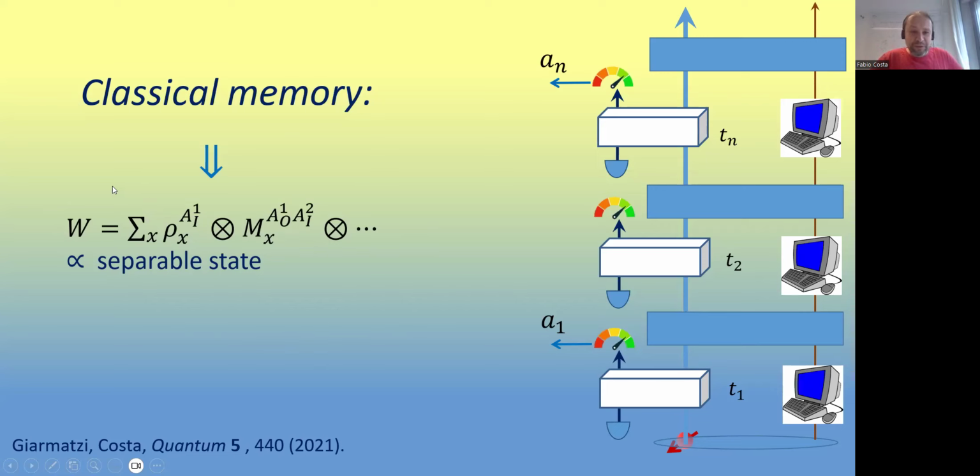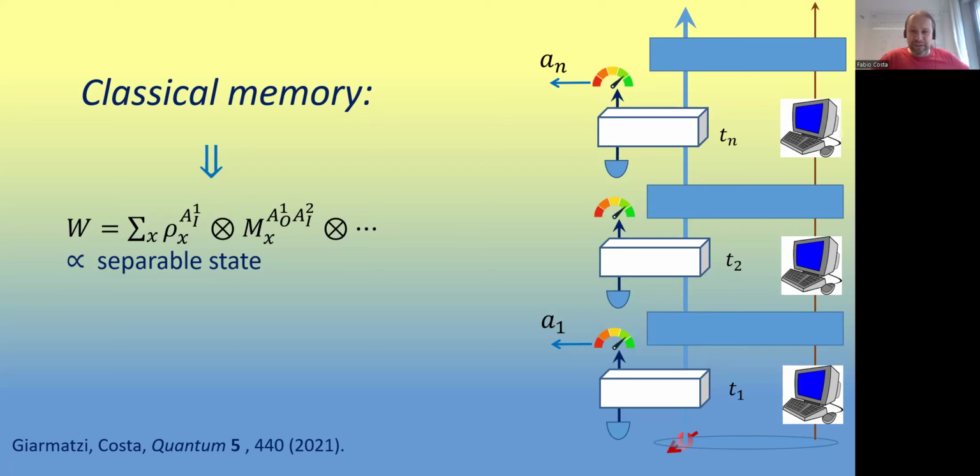Now, this is not an if and only if, in the sense that if your process has this form, it doesn't necessarily mean it has classical memory. And the additional detail is that when you have these M operators, in this form, they're not guaranteed to represent evolution from time 1 to time 2, time 2 to time 3, and so on. So in particular, if these are trace-preserving maps, then you will have a process that is a mixture of Markovian processes.